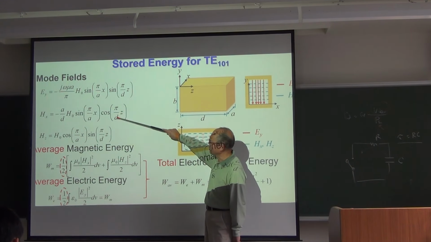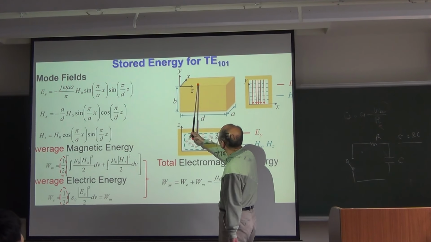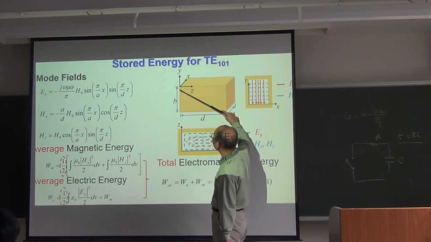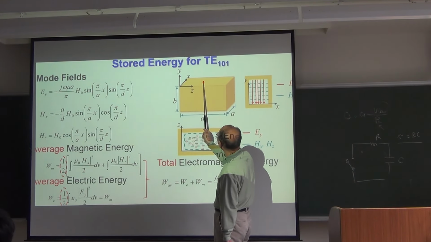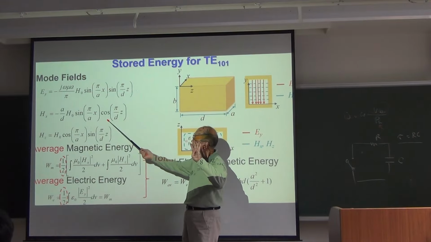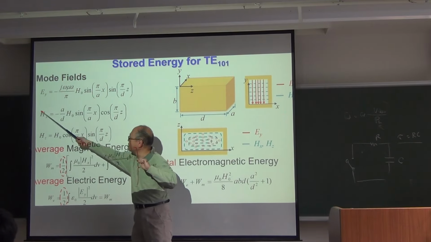This one and this one. Okay, for the x component of the magnetic field, you will induce surface current along this direction. And then you have 1, 2, 3, 4 surfaces that will have surface current associated with this one.